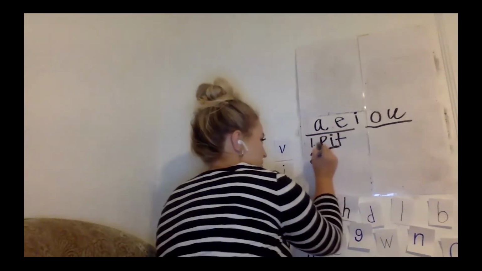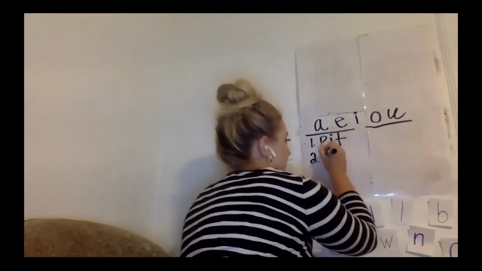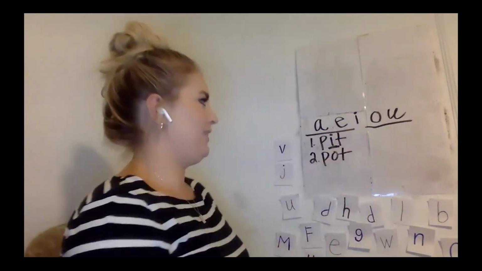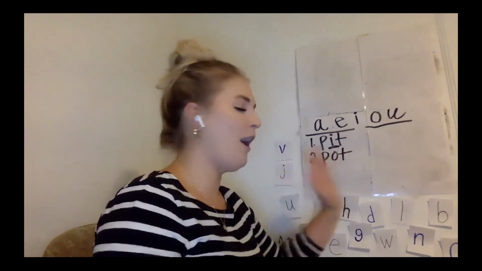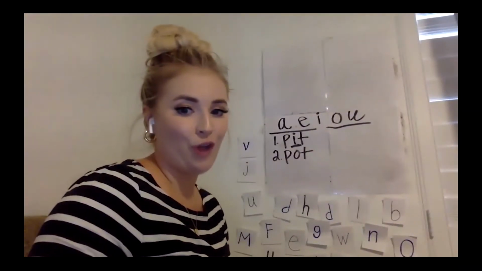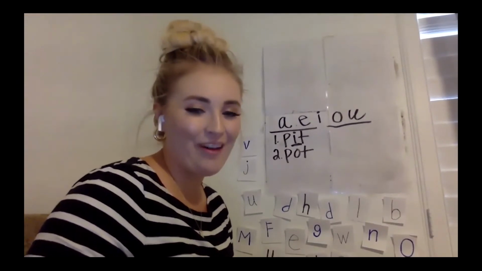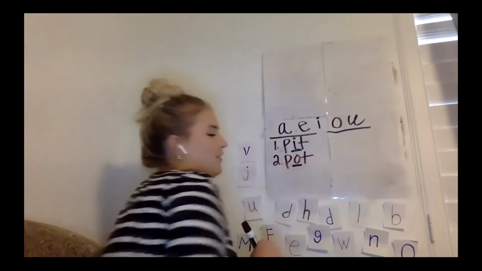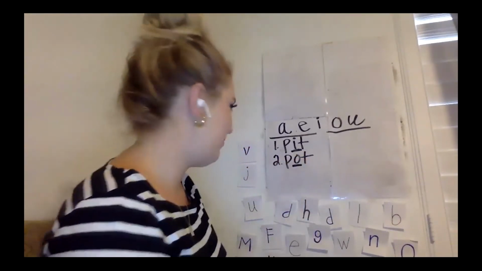All right, here's our next one. Which one is the vowel in pot? Is it the P? No, it's the O. Very good. So it's the O in pot.